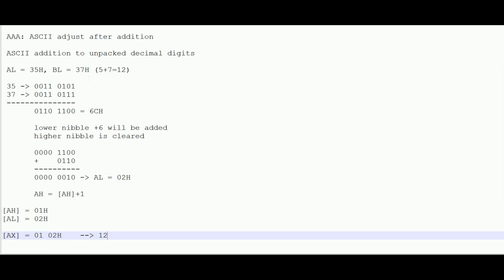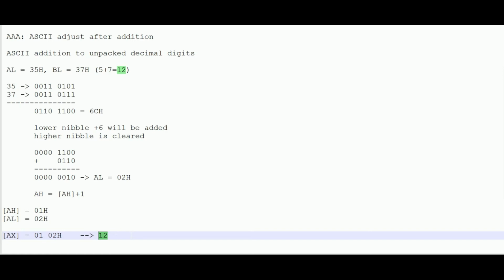If you see here, 35H and 37H give 5 plus 7 equals 12, and that is what we have obtained by using the AAA instruction. This is not possible if we just finish our result by using ADD AL comma BL, because ADD AL comma BL will give you 6C. After we have performed AAA, the final answer is converted into your actual decimal value, which is 12.